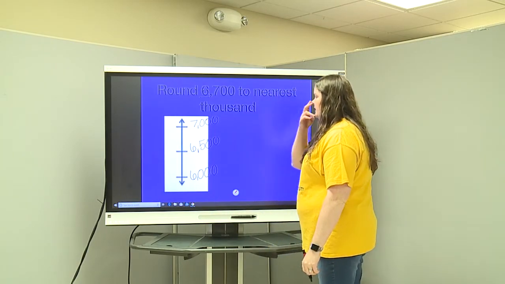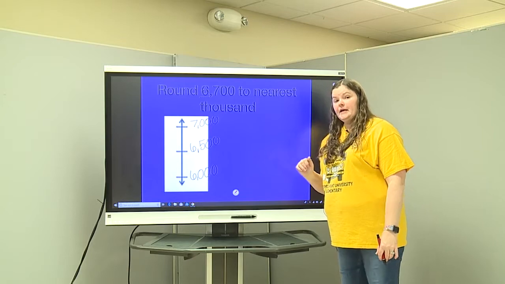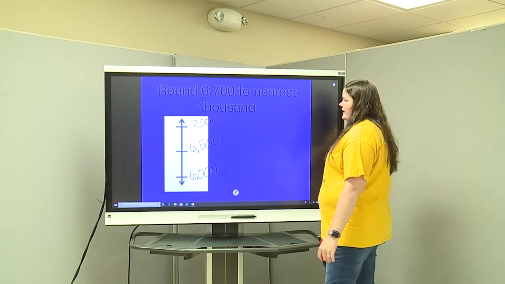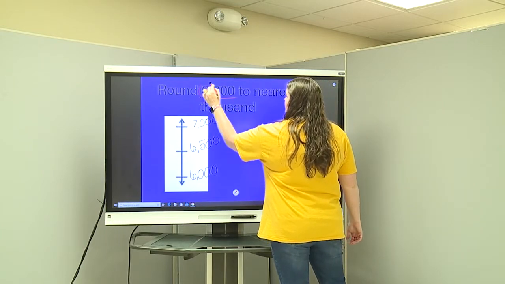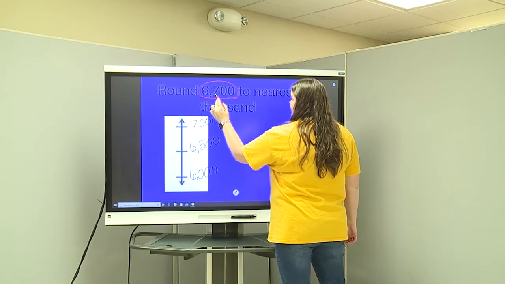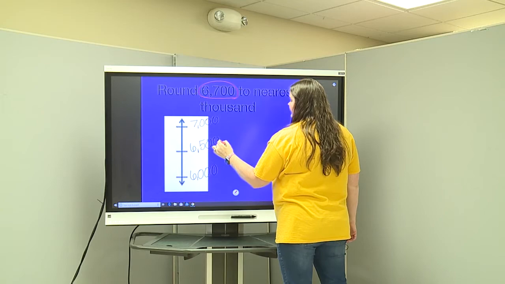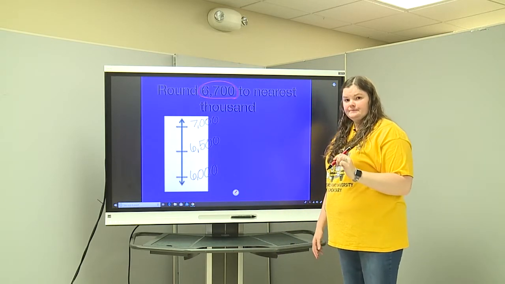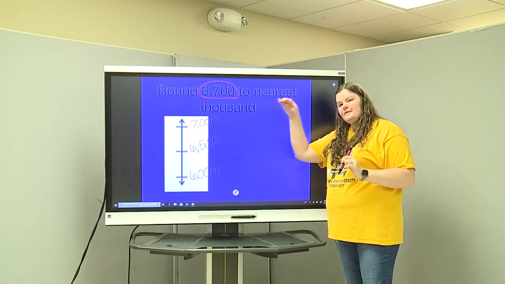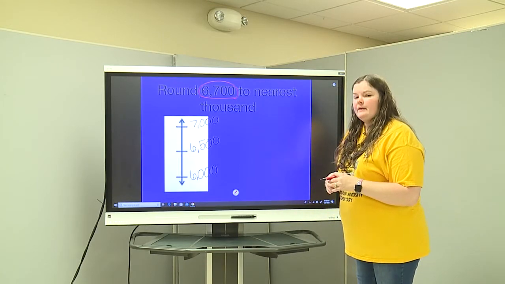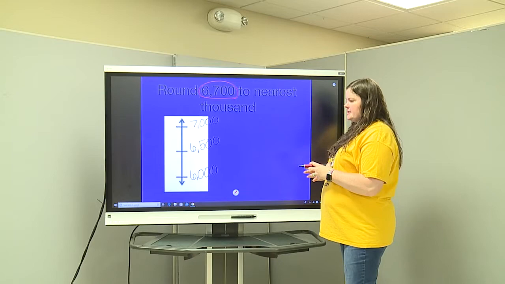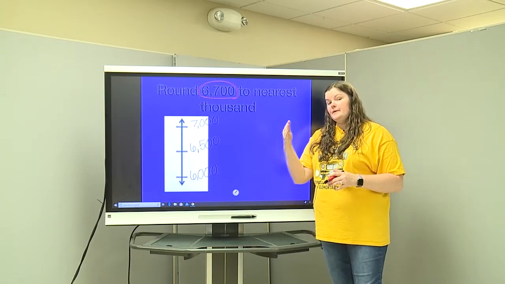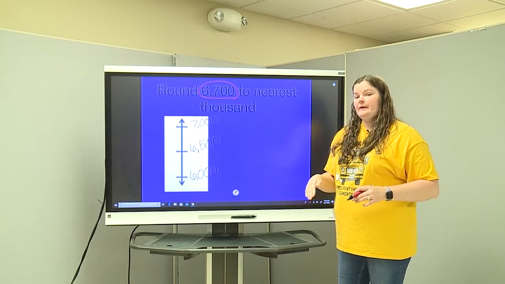Now I need to put my number of 6,700 on my vertical number line. So let's think about where that 6,700 is going to go. I see that my midpoint is 6,500, but my number is 6,700. So do you think that's going to go above the midpoint or below the midpoint? Take a second and just think about where do you think it's going to be on that number line.